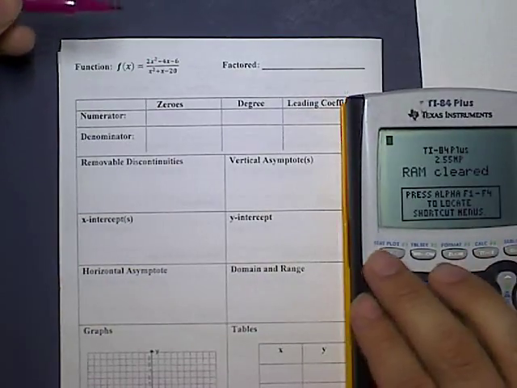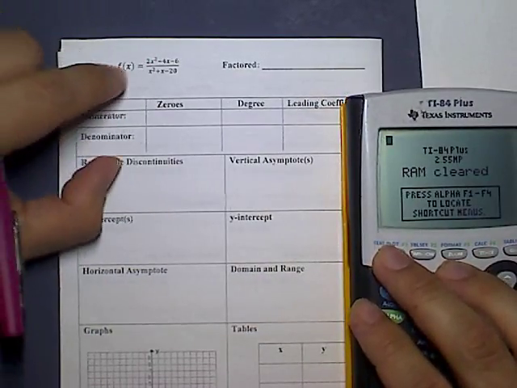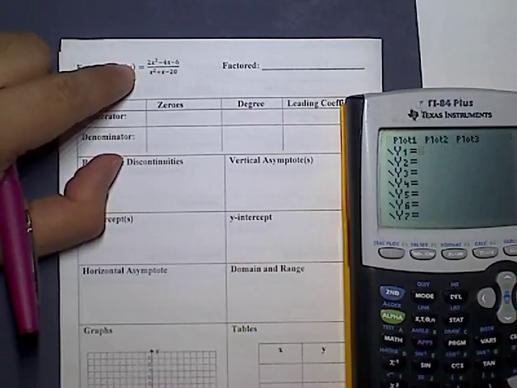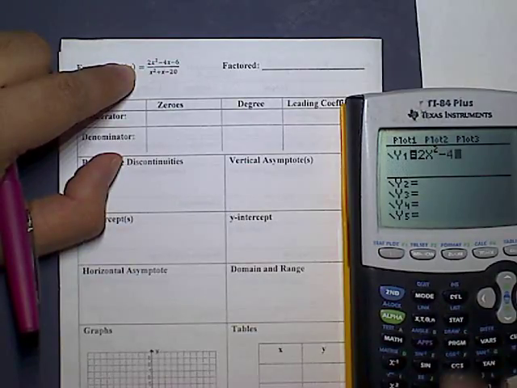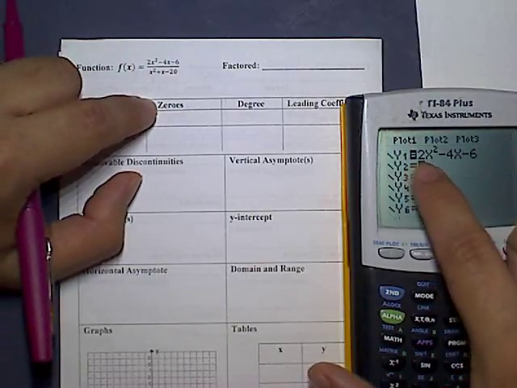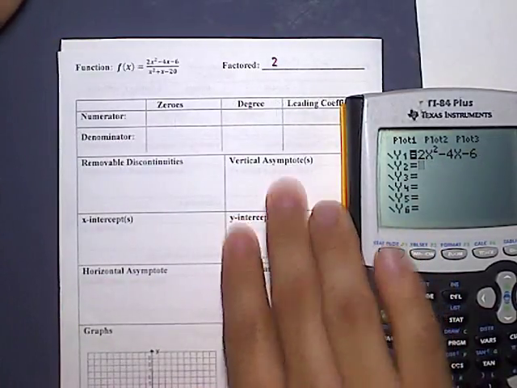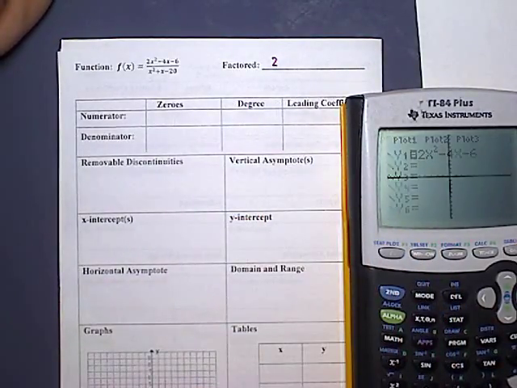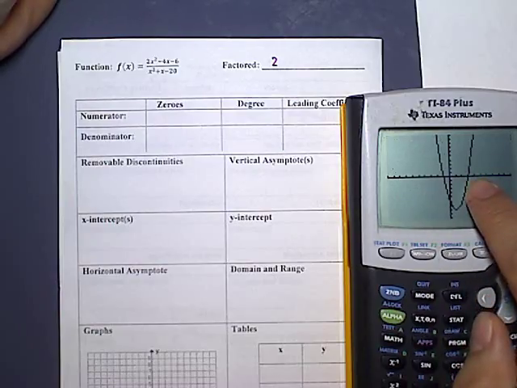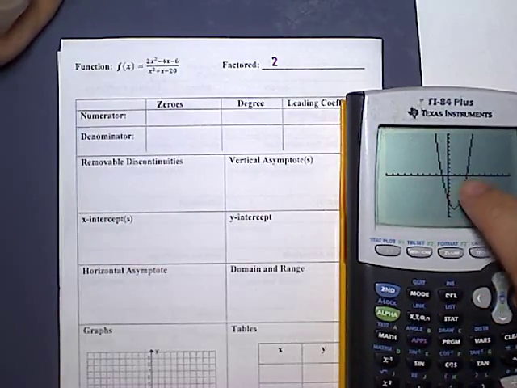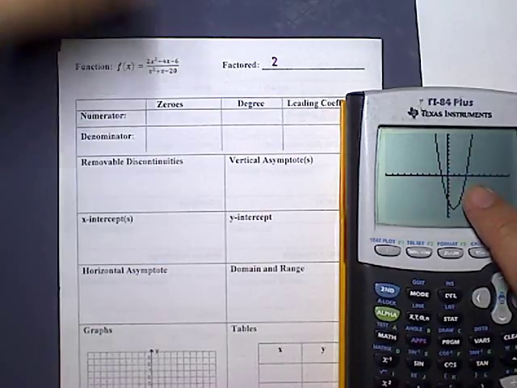The way that we can use our calculator to do this is we're going to input them one at a time. We have 2x squared minus 4x minus 6 as our numerator. You will notice that all these numbers are in fact divisible by 2, so I'm going to factor out a 2 first. I'm going to graph it, and we will notice that there are two x-intercepts on here, located at -1 and +3.